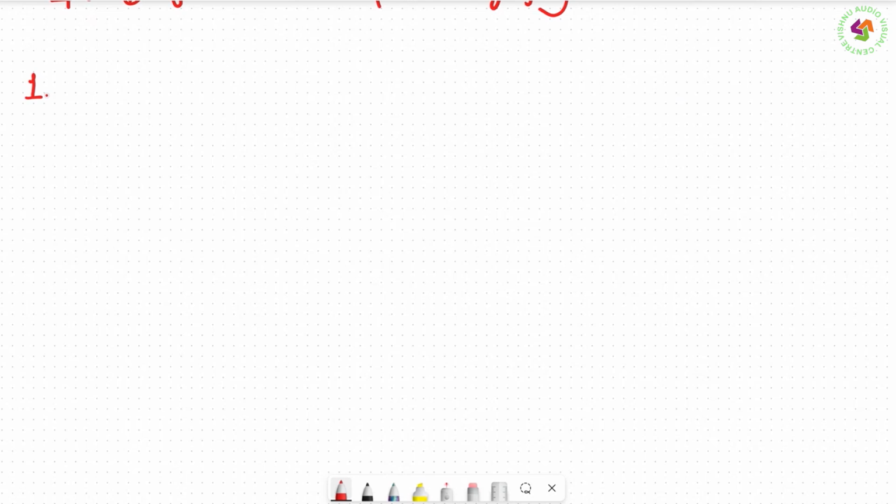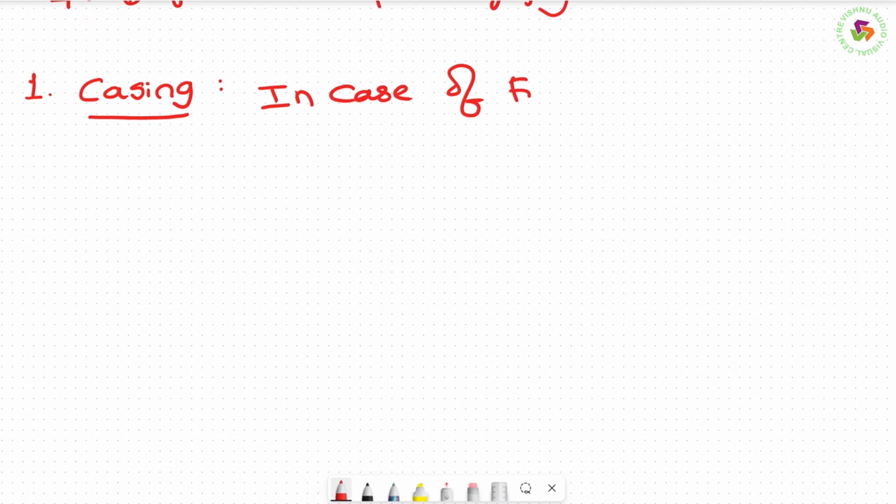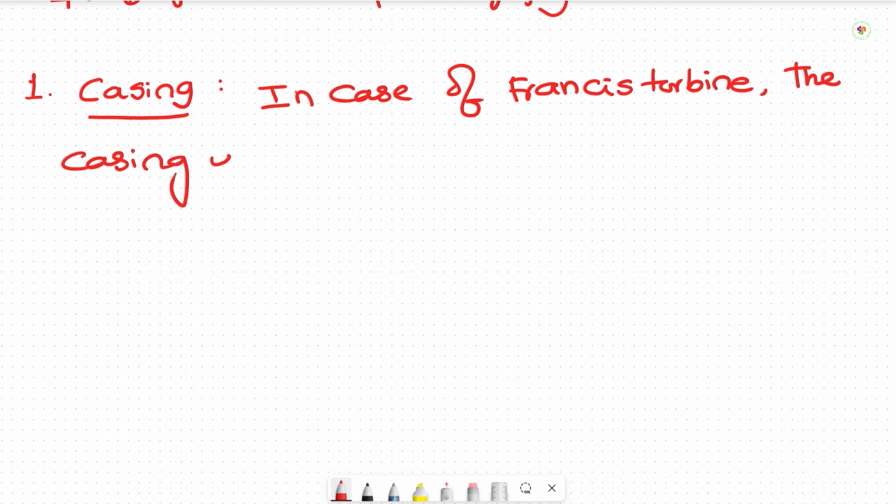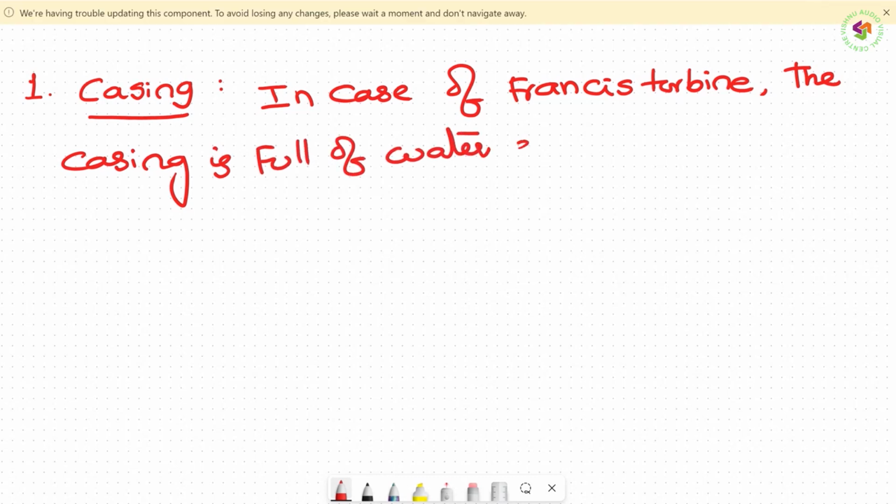If I take casing, please remember that in case of Francis turbine, the casing is full of water always.